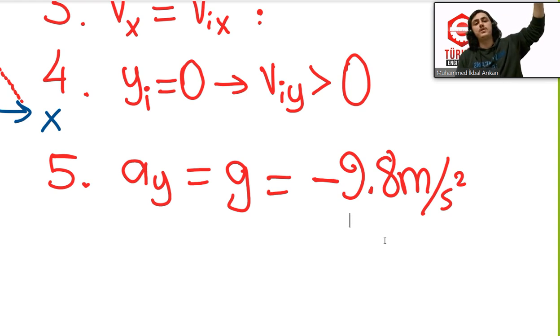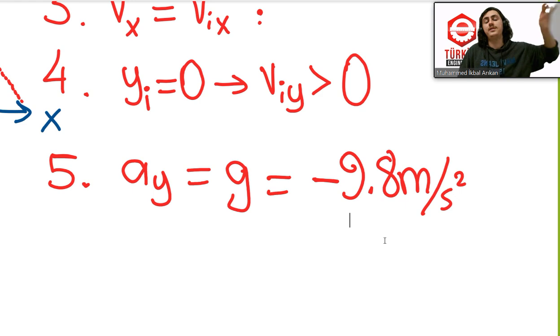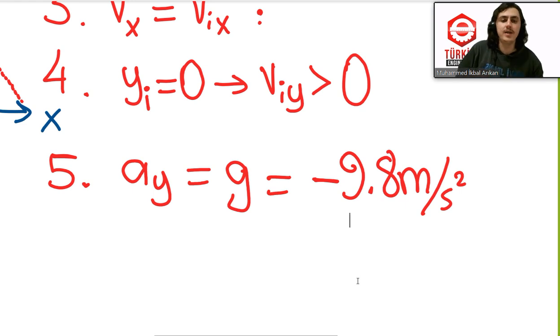Outside of the atmosphere, the acceleration in the y direction, toward the center of the Earth, will be 0. Actually, there is no gravitational acceleration until you reach the atmosphere of any planet, like the moon.